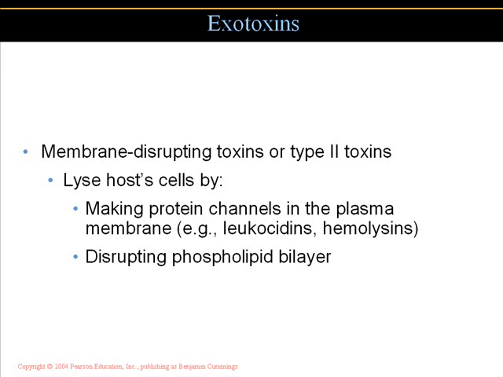Remember, when we talked about the phospholipid bilayer, we said its importance in human cells and in some microorganisms as well, but here the exotoxin is attacking the human cells. Disrupting the phospholipid bilayer allows the environment outside the cell to enter inside the cell, or the environment inside the cell to go outside the cell. In essence, it destroys the cell.